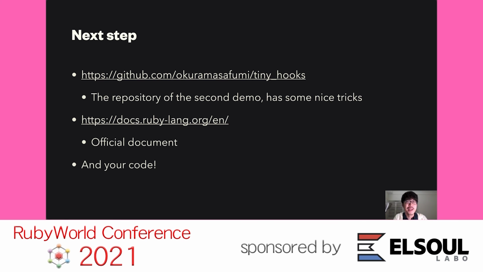I think if you enjoyed my talk today, this part will be very interesting for you too. And also the official document. We have to read the official document. And also there are examples of the course. Therefore, please take a look.